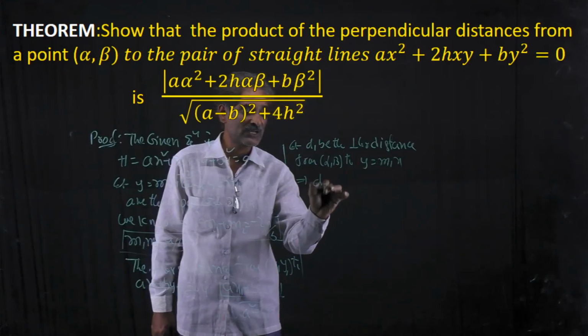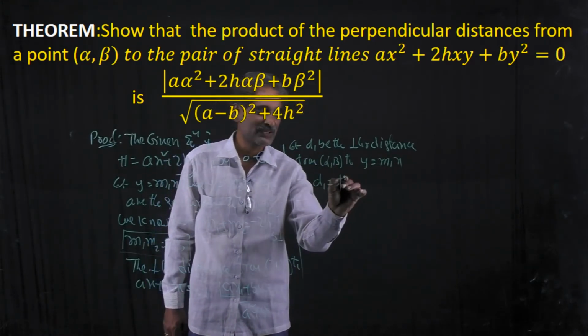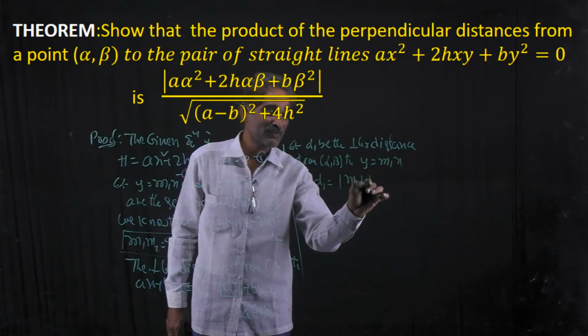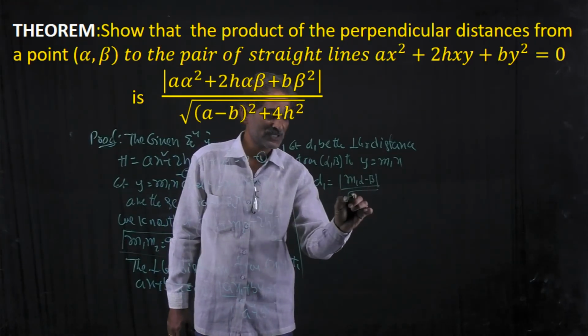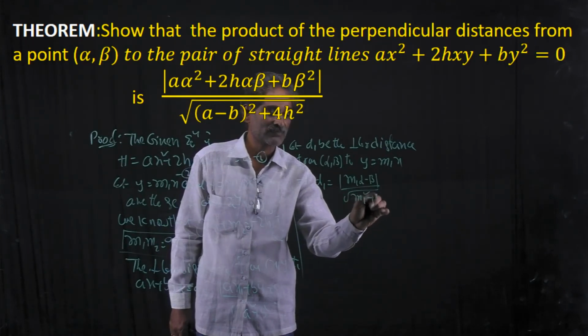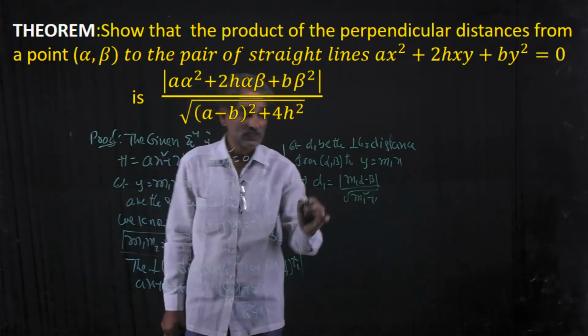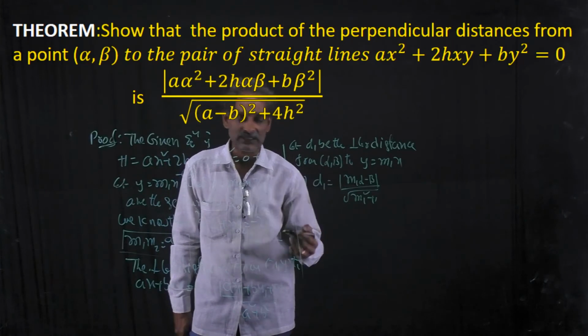Therefore, d1 = |m1α − β| / √(m1² + 1). This is d1. And assume d2 is the remaining length.